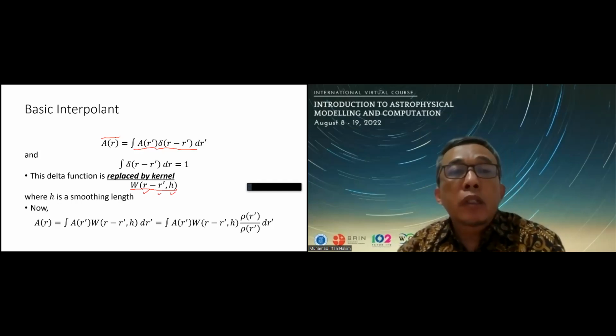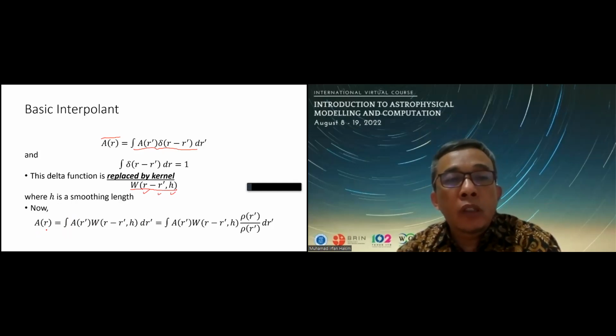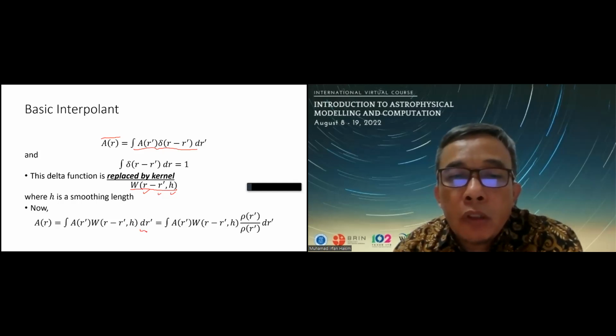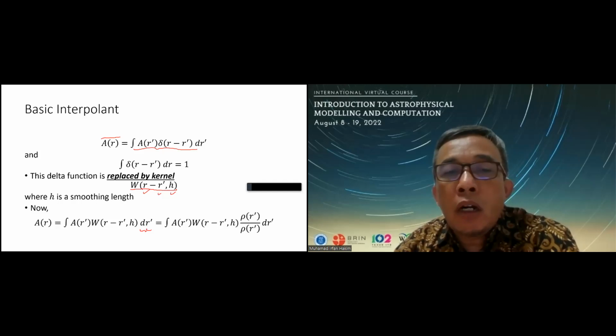So for now, we compute the interpolation for the value of A here using the kernel function, by using the spatial variable r here.